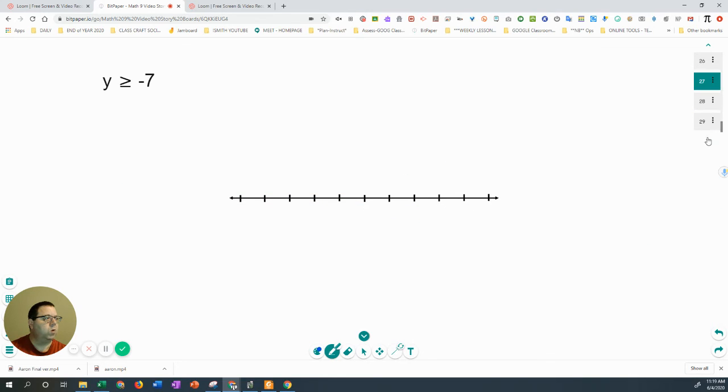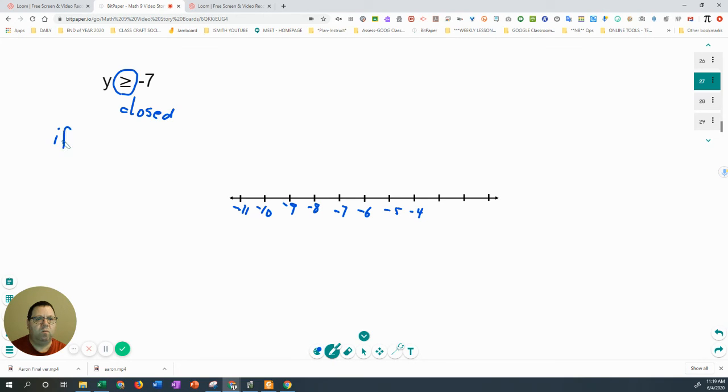And of course, we probably have one more here where I say greater than. But again, it's the same type of deal. The greater than or less than just determines the direction of the arrow. So let's put -7 here. That would be -8, -9, -10, -11. This would be -6, -5, -4. Again, this is a closed solution.